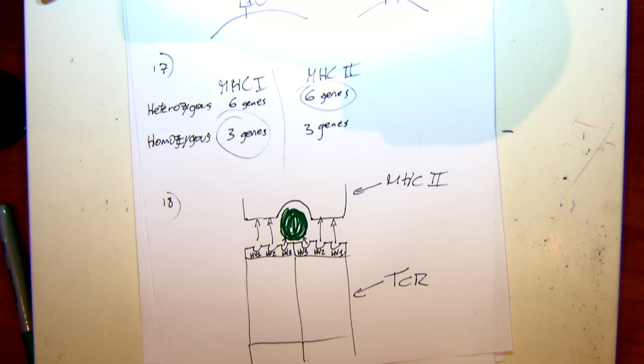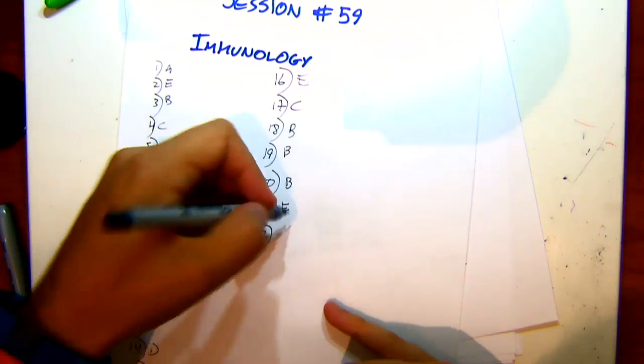No. So it's going to present to CD8 cells because HLA-A is the same as an MHC1 molecule, right? And it's an isotype of MHC1. You're also going to have HLA-B, HLA-C, and so on, right? So then 22 is going to be E.